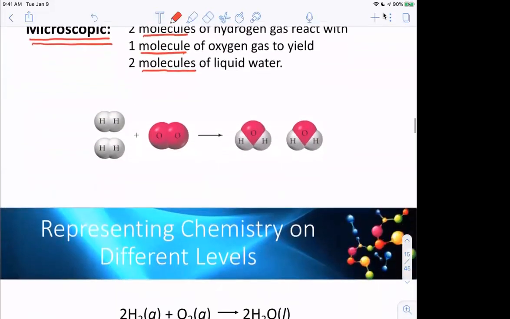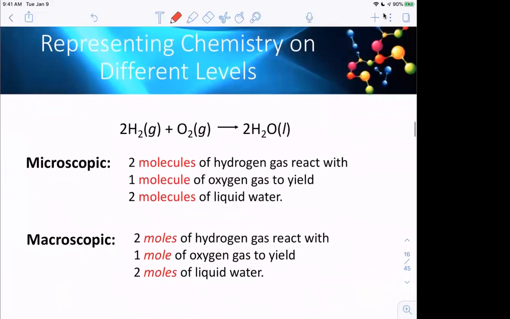There's another way, which is this macroscopic vision. Remember, if I'm doing this in the lab, I'm not going to be able to just use 2 molecules of hydrogen gas or 1 molecule of oxygen gas. I'm going to have to bring this into the real world, into that macroscopic world where I can actually see and mass and measure things in order to do this in a lab.